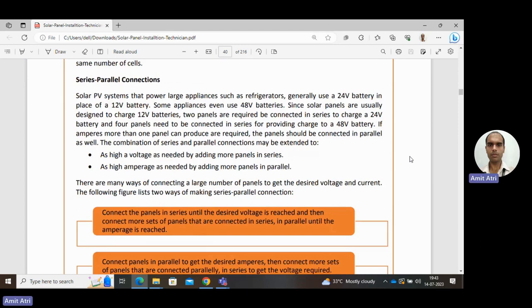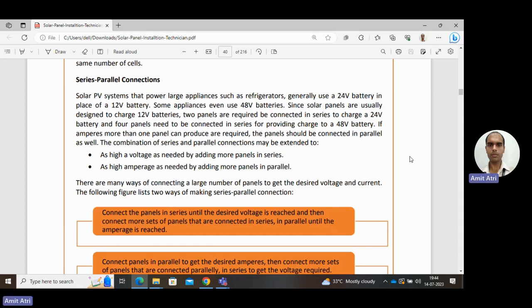Now coming to the combination of both series and parallel connections, meaning we are using series as well as parallel. Solar PV systems that power large appliances like the refrigerator use a 24-volt battery in place of a 12-volt battery. And an even higher requirement could be there, like a 48-volt battery.